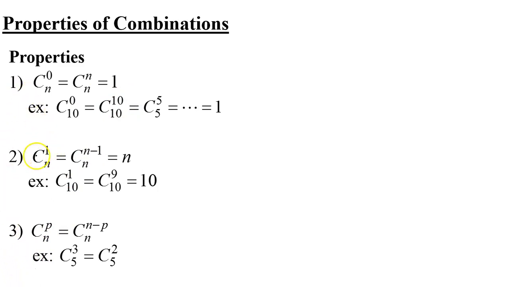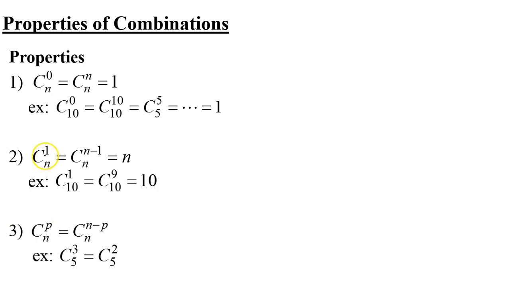Now over here, the combination of 1 out of n is equal to the combination of n minus 1 out of n, which is equal to n. So if the number of selections is 1 or 1 less than the total number of objects, then I would have n possibilities. And that in fact makes sense, because if I go back to the example of walking into my classroom to choose students to help me pick up boxes.